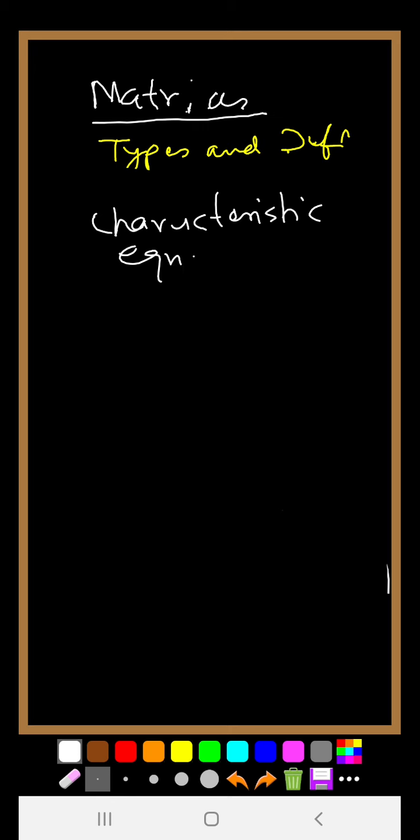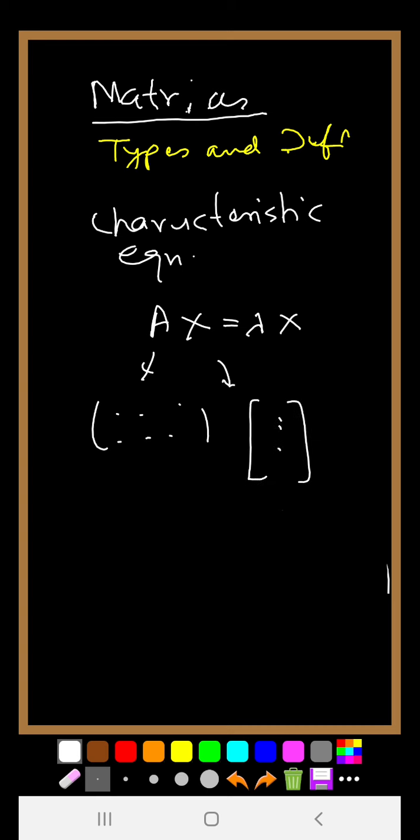Let us consider there is an equation AX is equal to lambda X. So A is a matrix, say an n by n matrix. This is a column vector or a row vector. So if we do this multiplication, we get back the X with the value lambda, and this is called the eigenvalue.